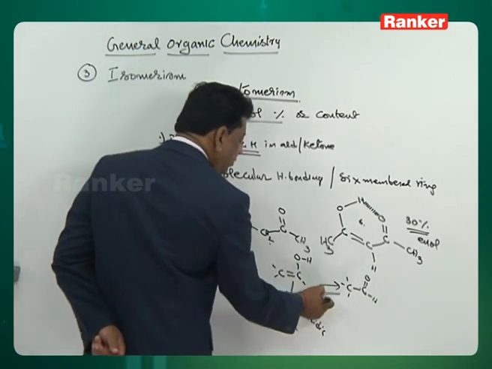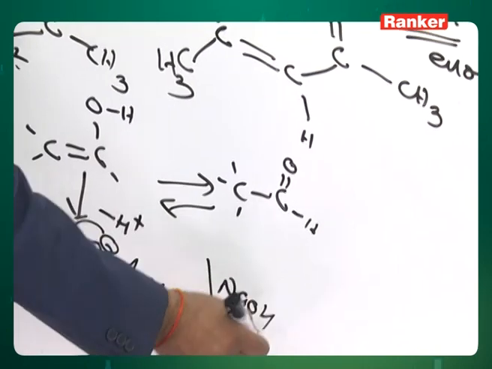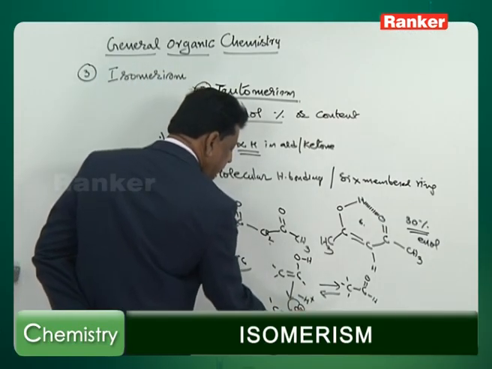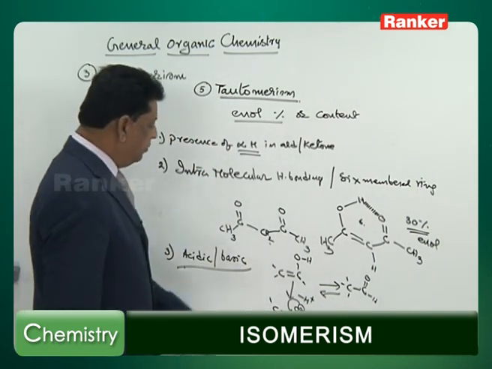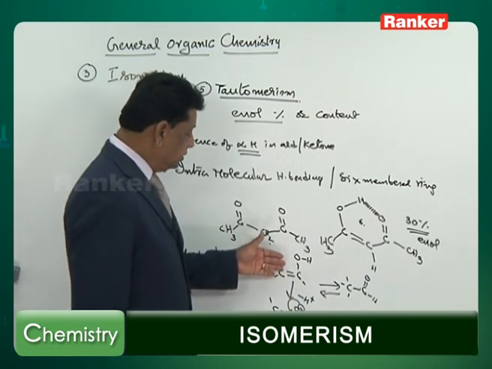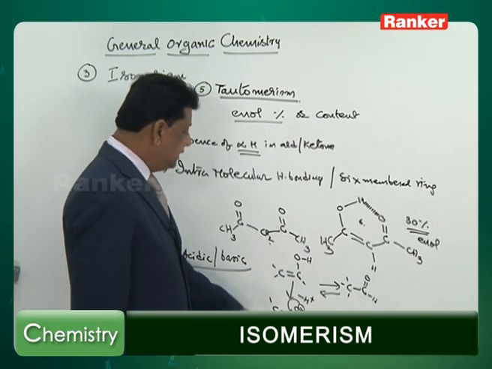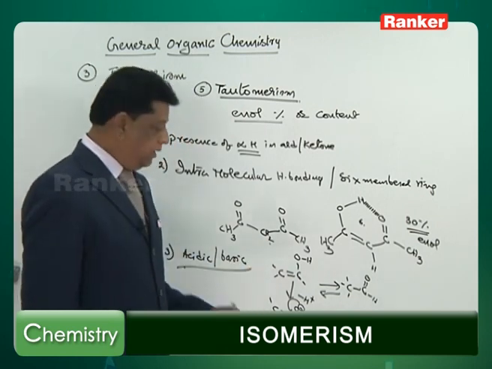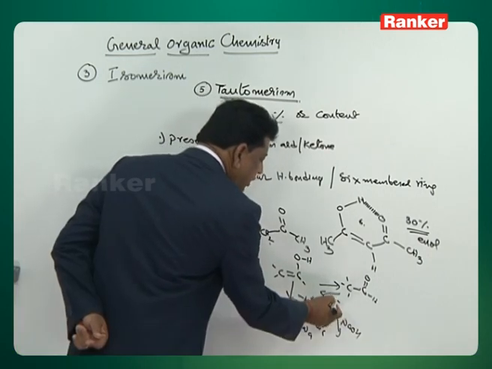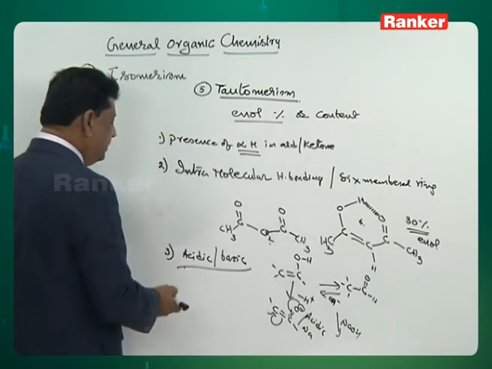In this equilibrium, if you add some base like sodium hydroxide, NaOH, the acidic compound turns into the sodium salt. The proton liberated will react with OH and form water. So most of the enol becomes the sodium salt of enoxide. So enoxide and enol together is the enol percentage. Therefore, in basic medium, the ketones change into enols, so the enol percentage increases.